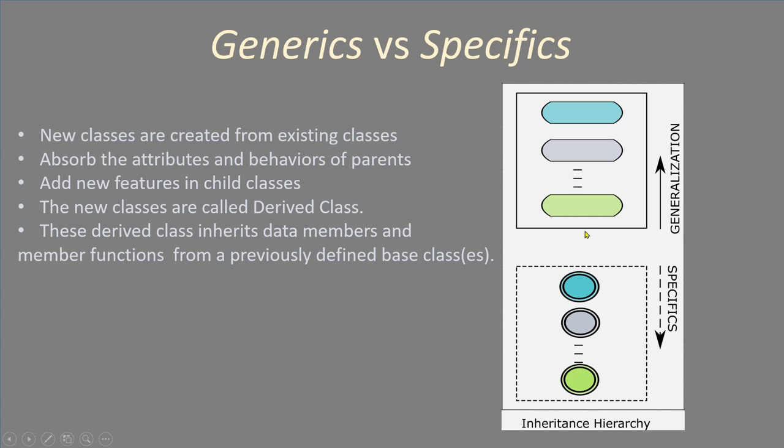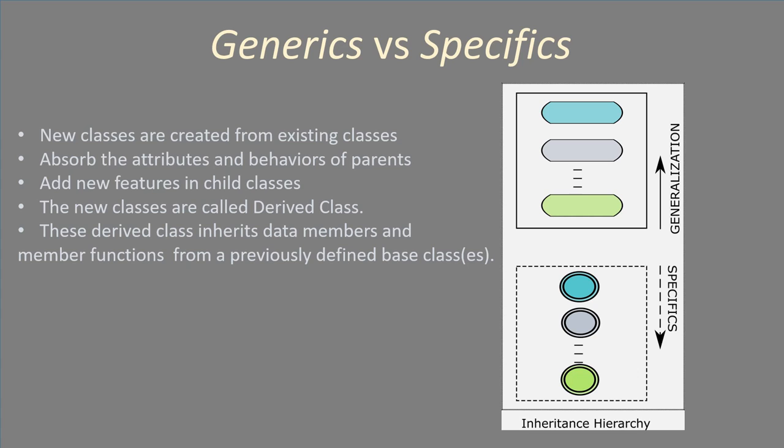So in inheritance, new classes have more or less refined features from already built classes that we call the parent class. The derived classes or subclasses, also called child classes, absorb the attributes and behaviors of the super or parent class.